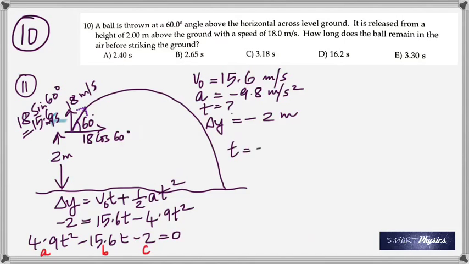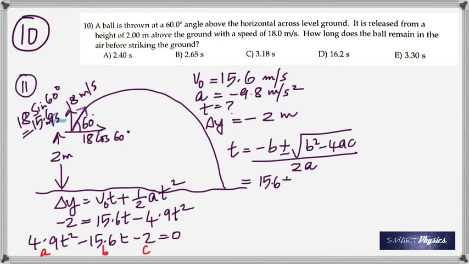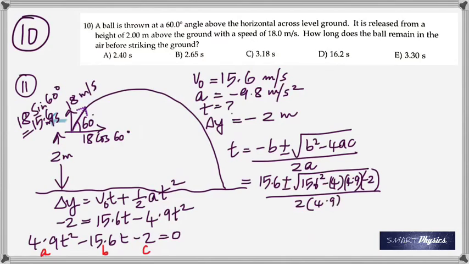That's A, B, C right there. Use the quadratic formula. You get 3.30 seconds. That's how long the ball remains in the air before striking the ground.